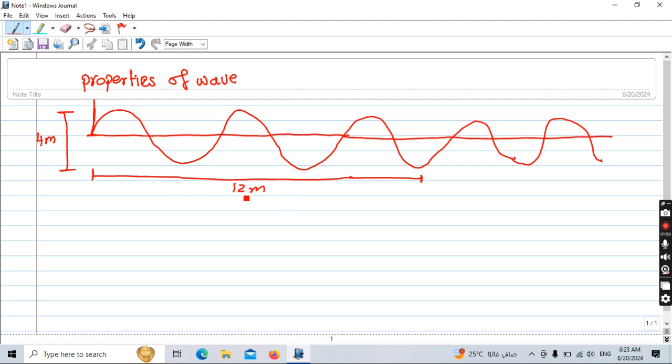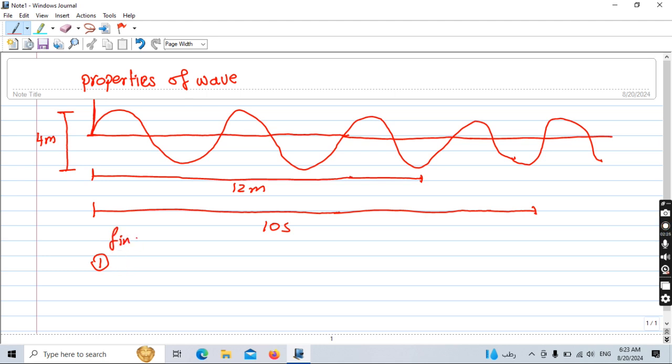This is the horizontal displacement. And similarly, on this axis, instead of distance, they could give you time. Let's say time is given up to here, and this is given to be 10 seconds. So it would ask you the following questions.